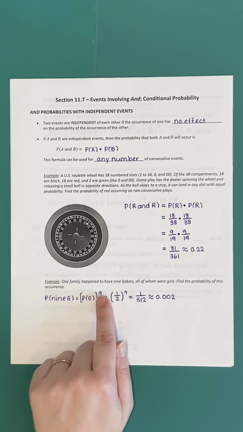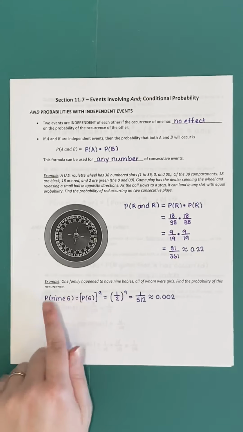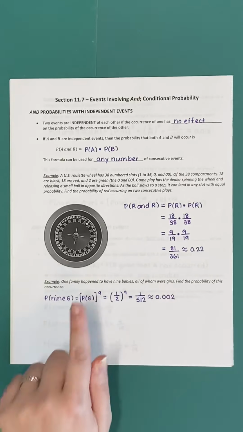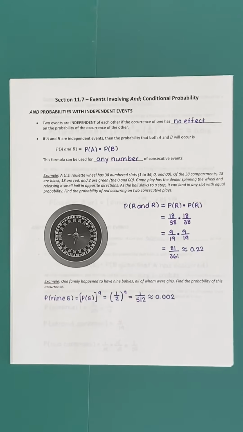A cleaner way to say that is with an exponent. So taking the same thing and multiplying it by itself 9 times would be the same thing as taking that number and raising it to the 9th power. That's just an easier way to write down the probability so that it's a little bit easier to put into your calculator. And that's because, again, we're looking at the same event occurring in sequence.